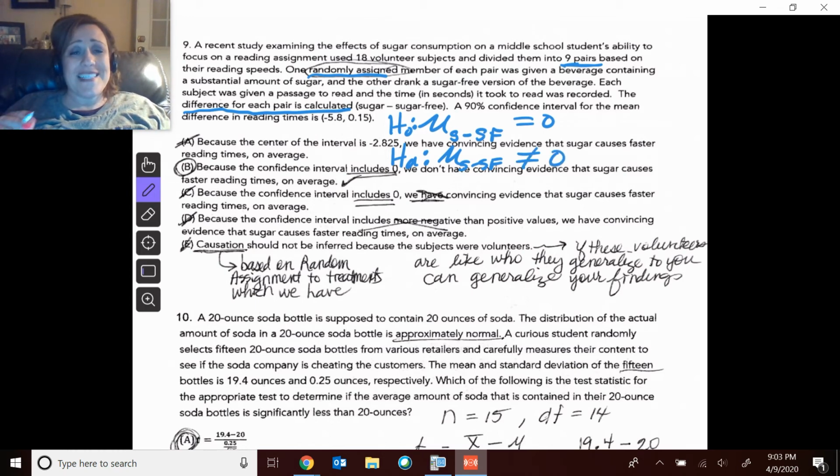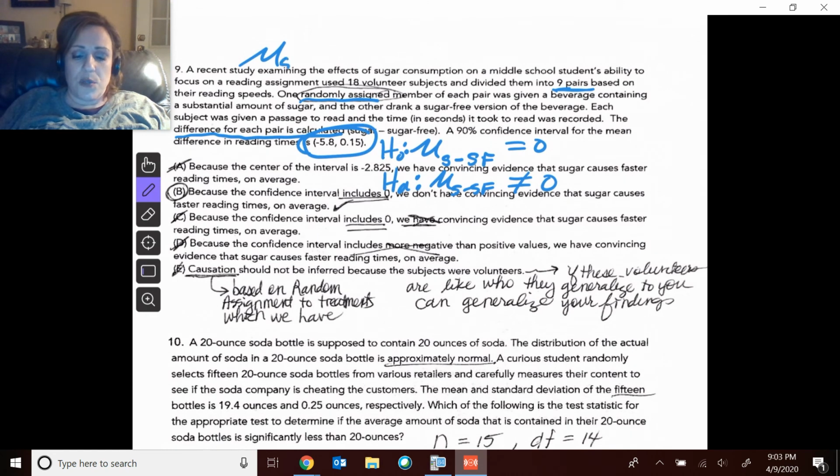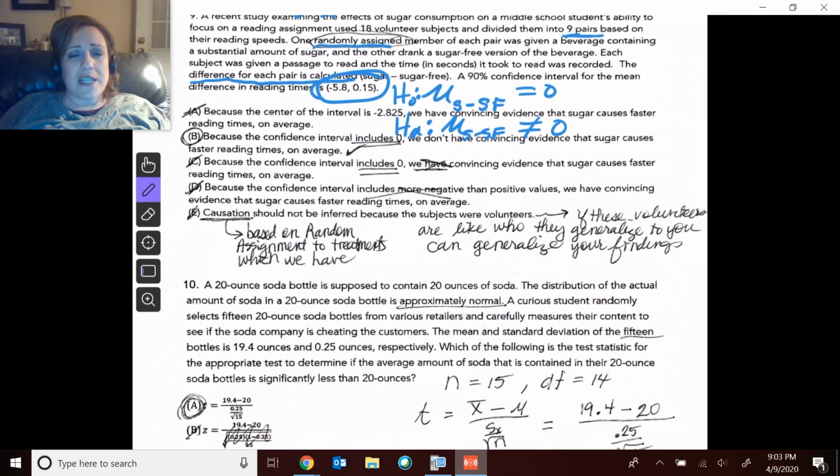All right, but I see this interval from negative 5.8 to positive 0.15. And that's interesting to me, because when I do sugar minus sugar-free and I get a negative number to a positive number, 0 was in there. So I do not have evidence of a significant difference, okay? So that's what I'm looking for.